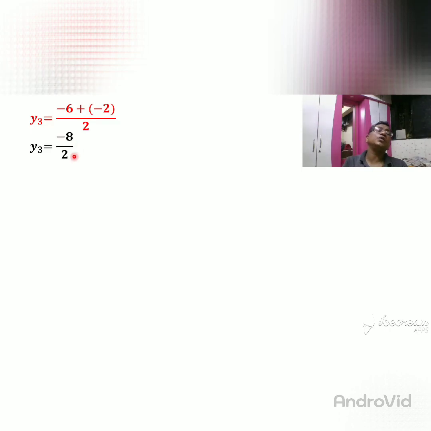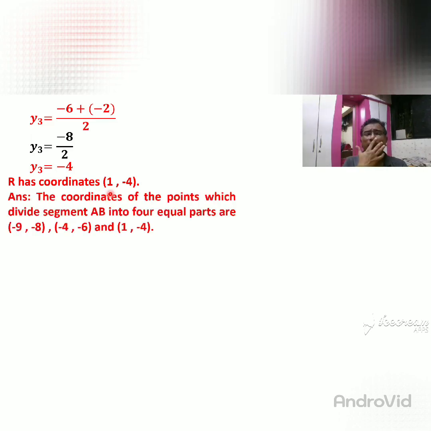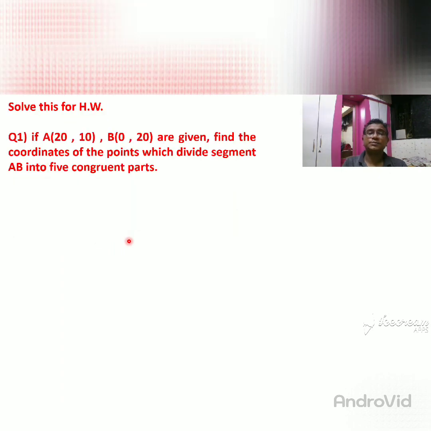So minus 8 upon 2, and 2 fours are 8, so y3 is equal to minus 4. In this way we get the coordinates of R as 1 and minus 4. So we have got every point: the first point is minus 9, minus 8, then minus 4, minus 6, and last 1 and minus 4.